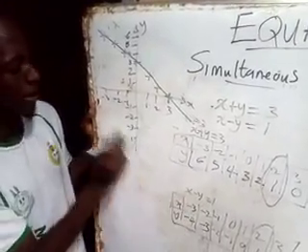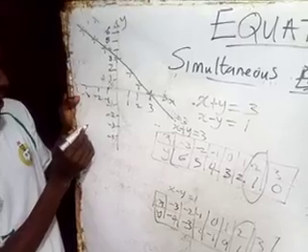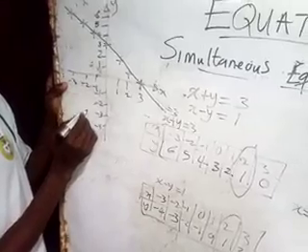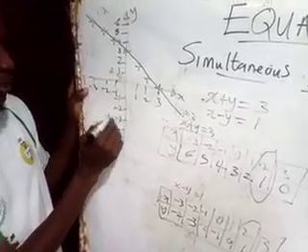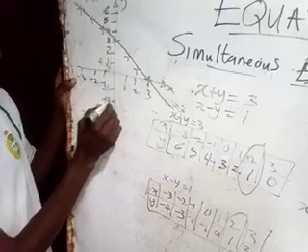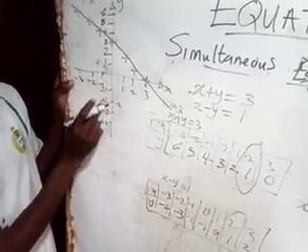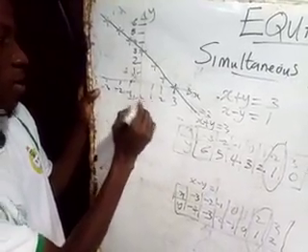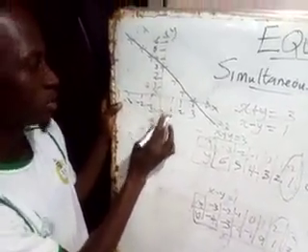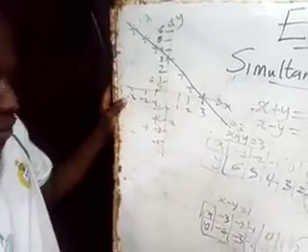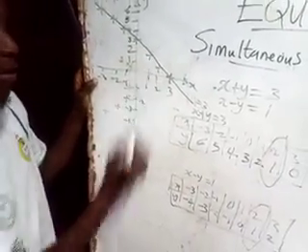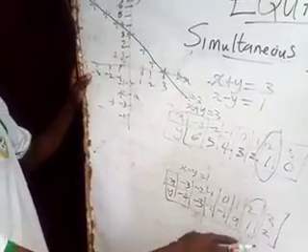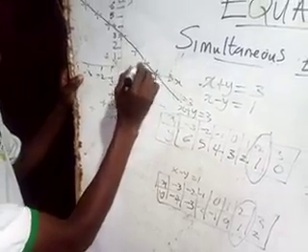When x equals minus 3, y is minus 4, around here. Minus 2, you have minus 3. Minus 1, you have minus 2. When x equals 0, it is minus 1. When x equals 1, y equals 0. When x equals 2, y equals 1, the same as this point.